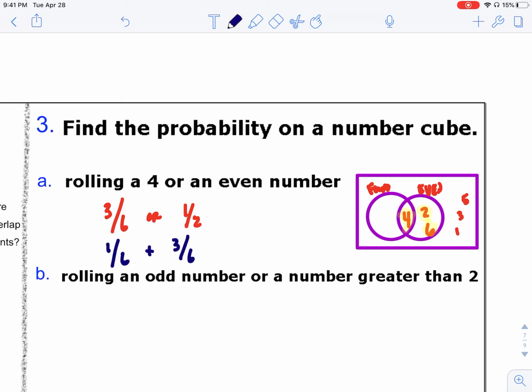And so it would be 4/6, but not so fast. You double counted the 4, so you have to subtract the intersection of the 2 off there. So I personally think if you can make a Venn diagram, then you can just go ahead and add up all of your possibilities in your Venn diagram.